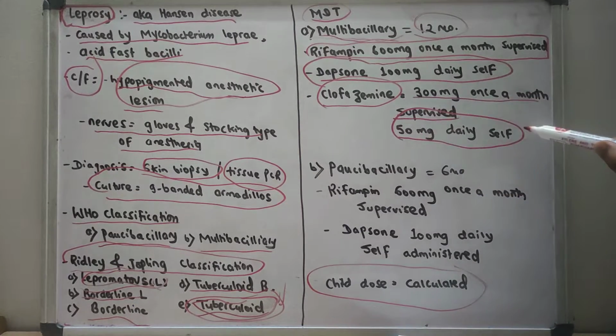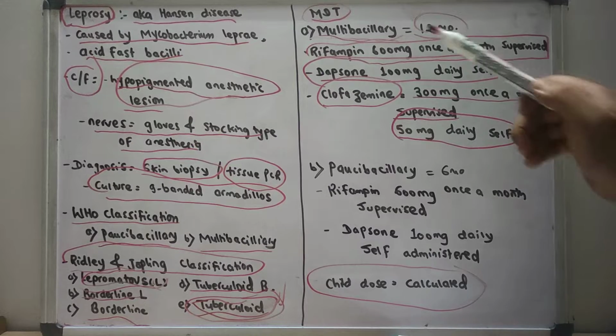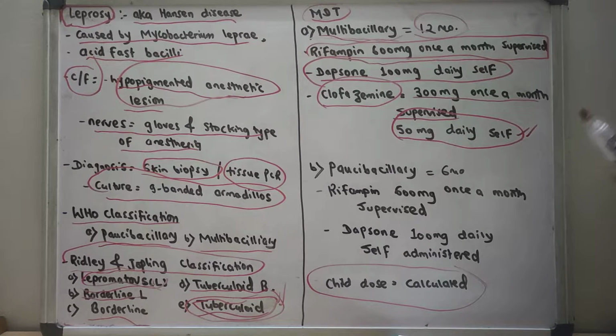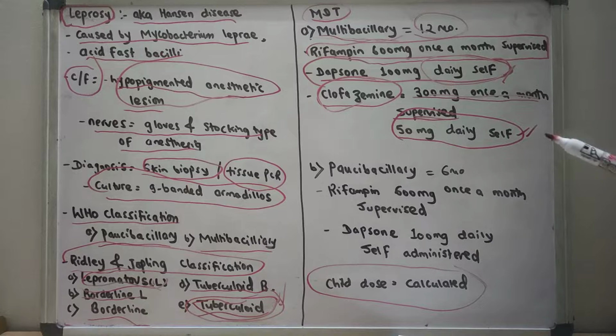daily by self-administration. So again, multibacillary leprosy is treated for 12 months. Rifampicin is given 600 mg once a month under the supervision of the clinician. Dapsone is given 100 mg daily, self-administered, and clofazimine is given 300 mg once a month under supervision, and 50 mg daily by self-administration by the patient.